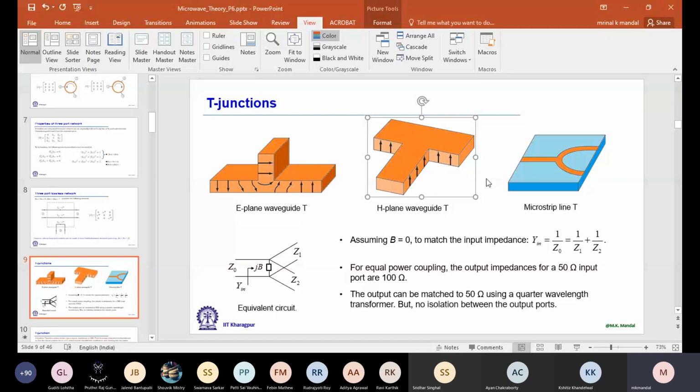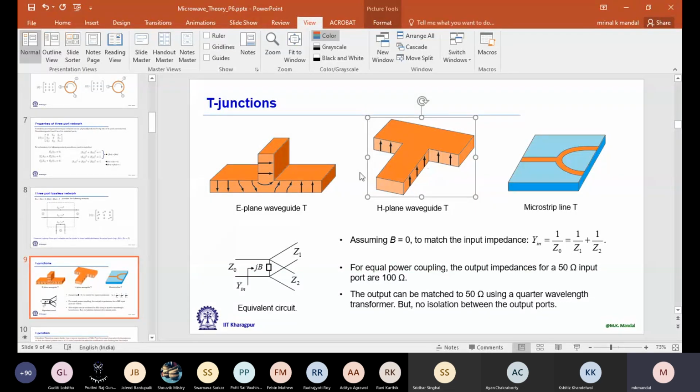So it is perpendicular to electric field, and this plane is called then H-plane T. Here, if I consider this port as port 1 or the feed port, then power is equally divided into two ports, but here we don't have this phase difference problem. So the outputs are in the same phase, or angle of S21 is equal to angle of S31.